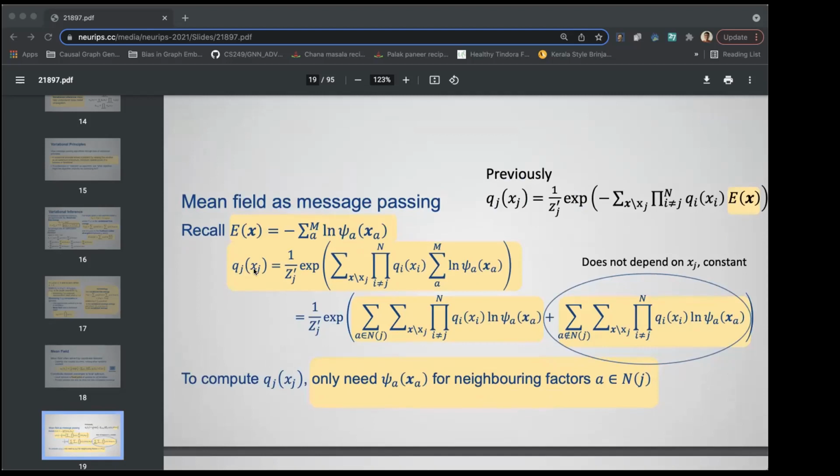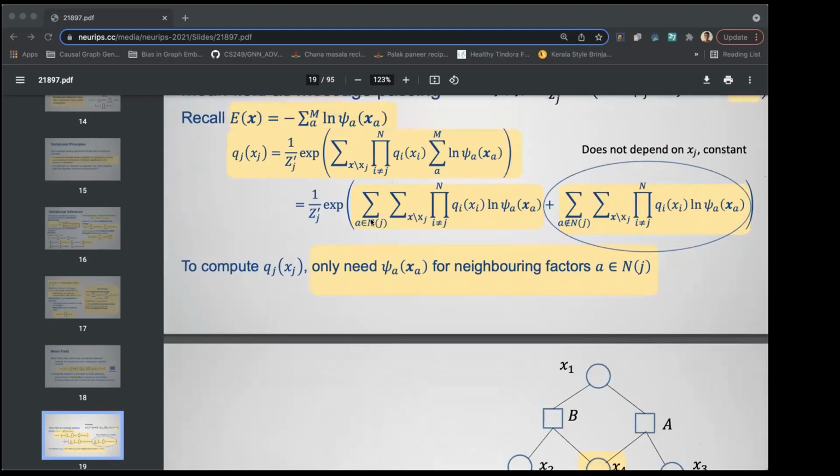So it's constant in terms of this Xj as input to Q. And as a result, to compute Q(Xj), we only need to compute this potential function for neighboring factors, I guess, like the factors that are in the neighborhood of Xj.